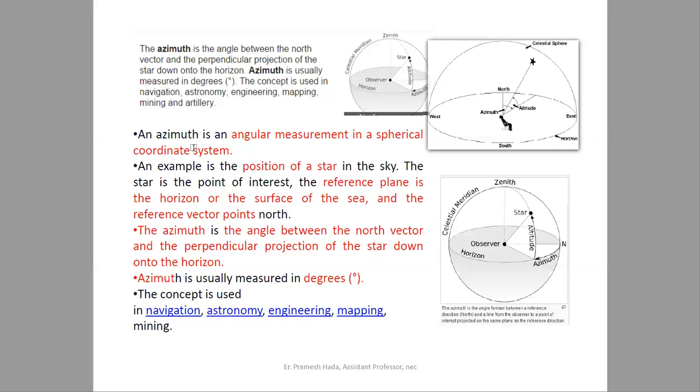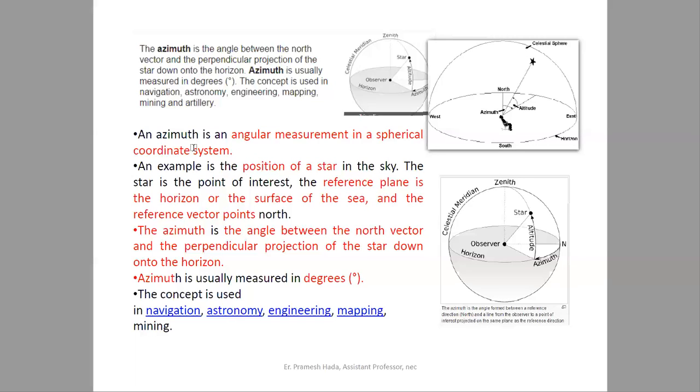One is the point of interest. We are observing something, that is our point of interest. Suppose we are observing a tower, a building, or any construction site. So that is our point of interest.